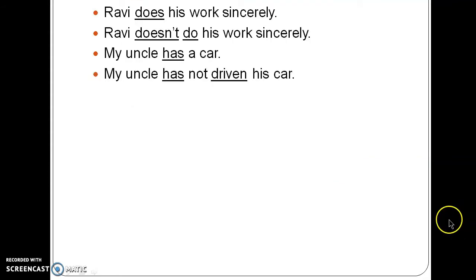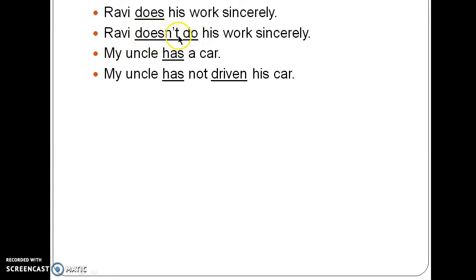Ravi does his work sincerely. Does here is the verb and it is showing the action done by Ravi. Now look at the next sentence. Ravi doesn't do his work sincerely. Here you have seen two do verbs are used, but the functions of both these verbs are different.